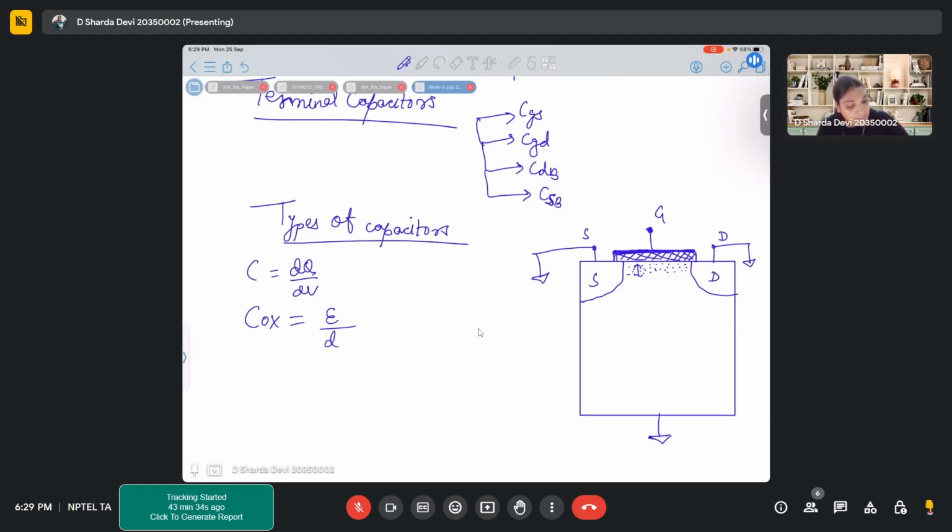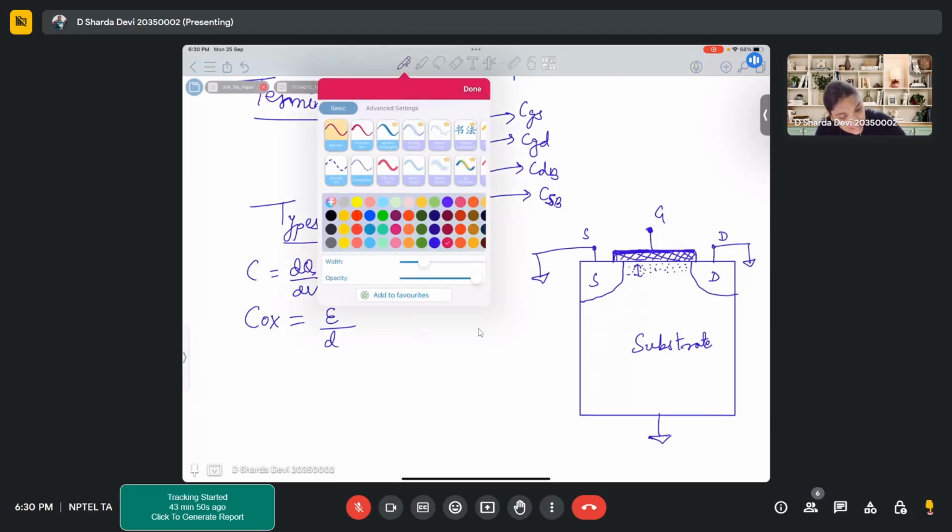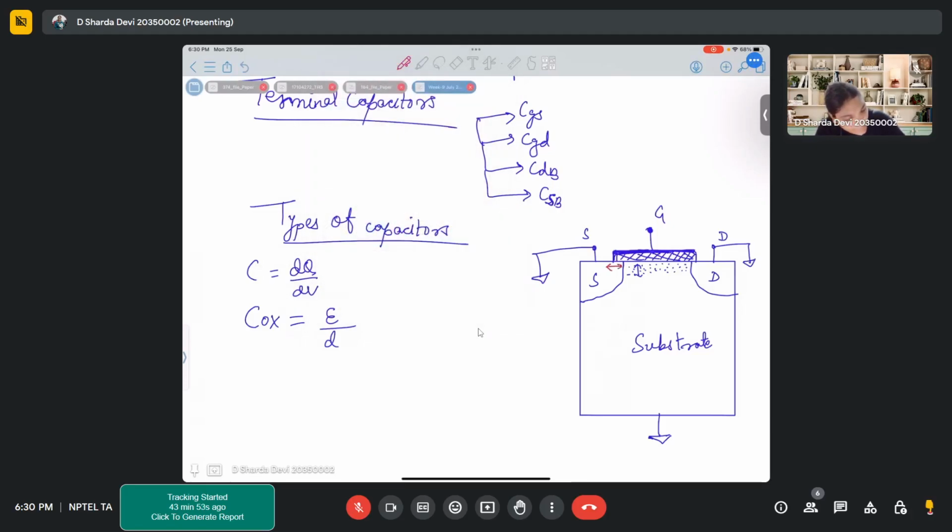Now, this is between your gate and substrate. But if you observe very carefully, the gate also has an overlap area on the source and drain side. This corresponds to a similar oxide capacitance, but we call it overlap capacitance, COVS or COVD.